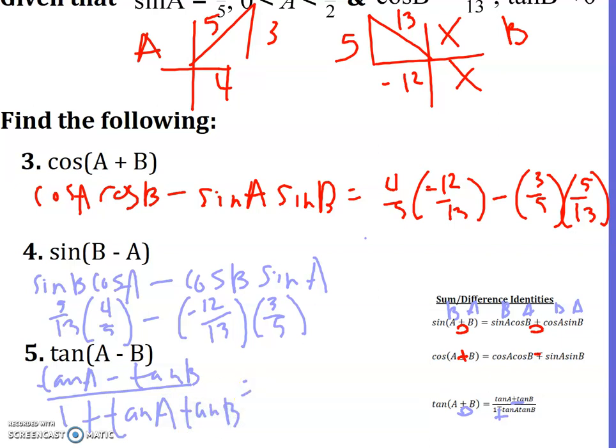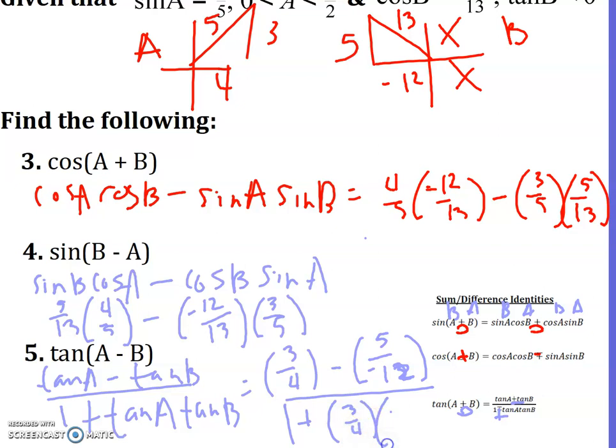Tangent of A, tan is opposite over adjacent, so 3/4 minus 5 over negative 13. Opposite by negative 13, I mean negative 12. Divided by 1 plus 3/4 times negative 5 over 12. You're going to type that in, find it.